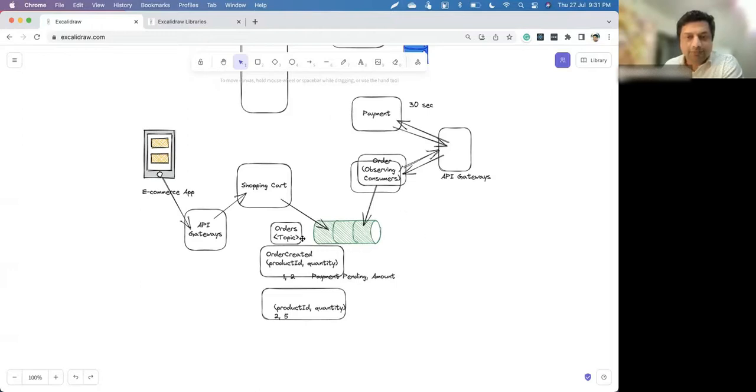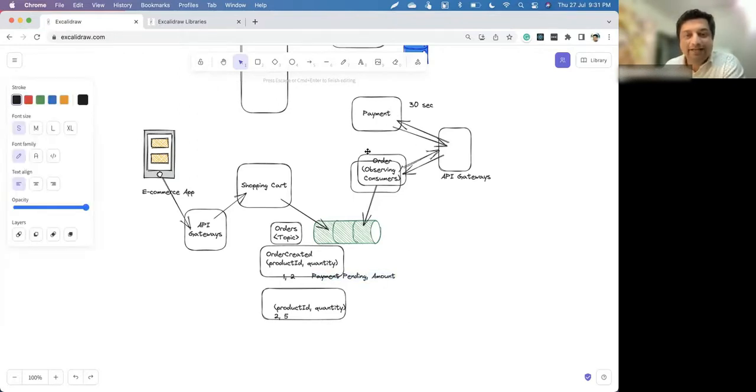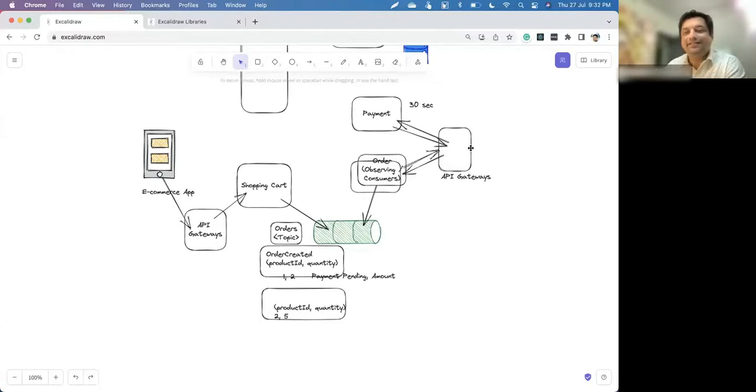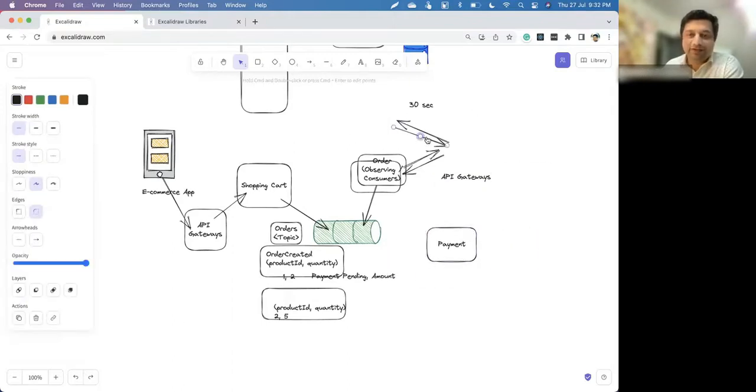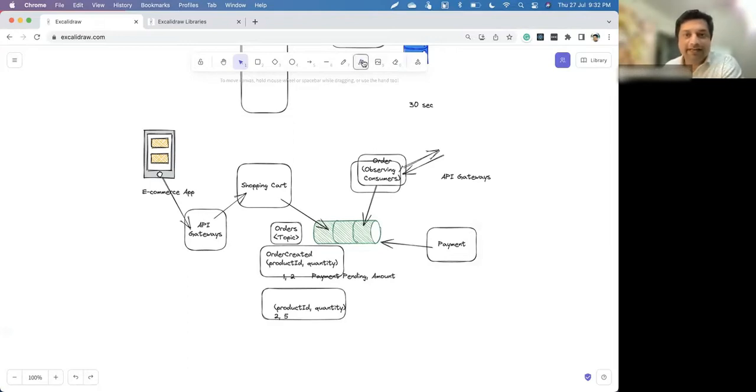So it's observing, but it is also a producer, because it's producing a message for the payment. Once it marks anything as payment pending, maybe the payment service can take this message and process the payment. So the payment service will also read and write the messages, right? So this is one way of dealing with this.